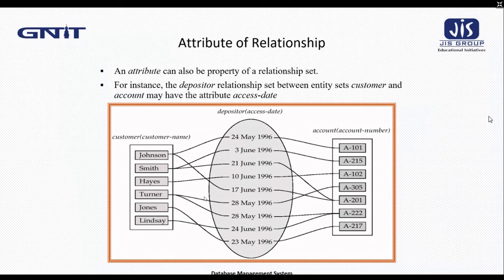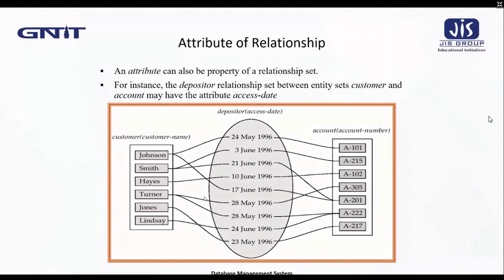If it were a property of the account, it should be associated with the account, but then beside a particular account, which access date could you write? For an account it can be accessed by different persons on different dates.